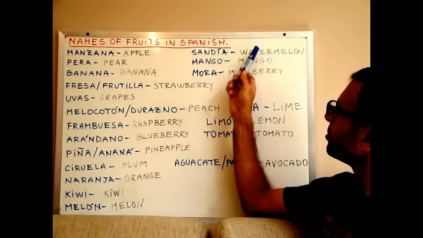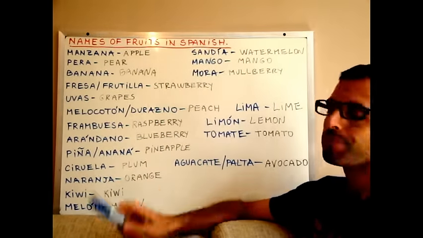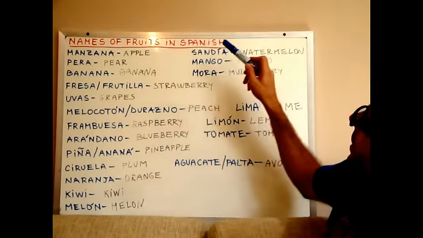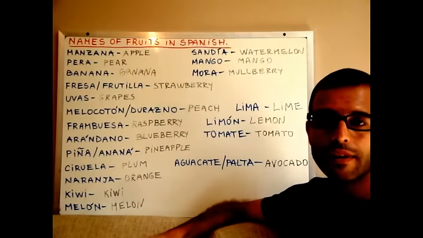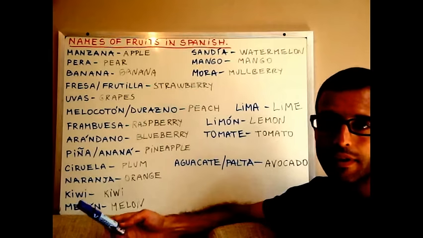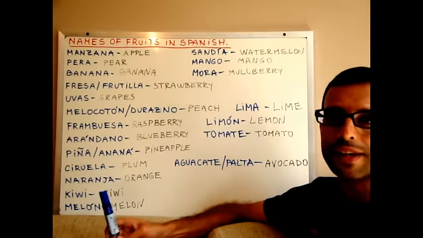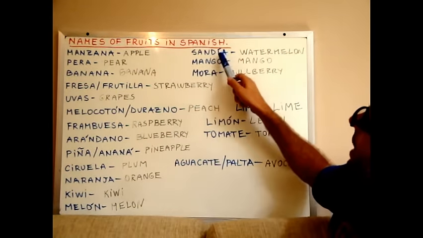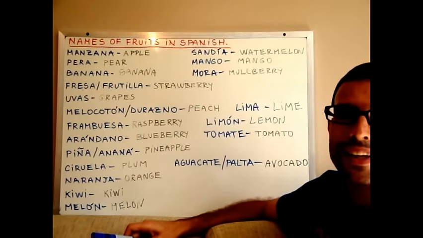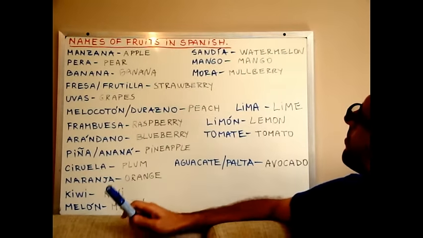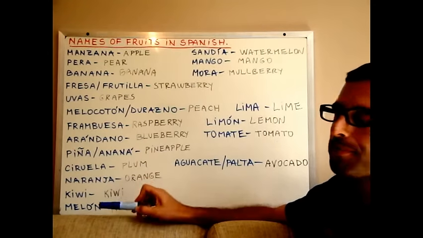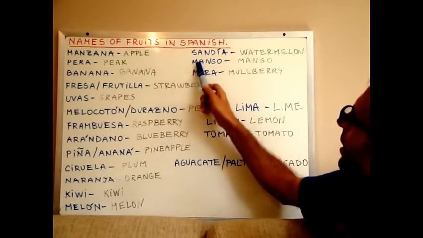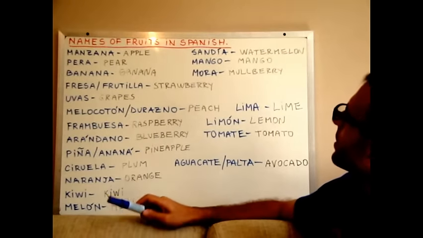The word for watermelon is sandía. Sandía. Take a look at the tilde on the letter I that indicates that the accent is there on the letter I. Sandía. Remember that I in Spanish is I. And the letter E in Spanish is E. Mango is the same, mango.